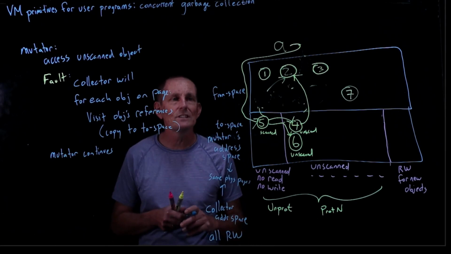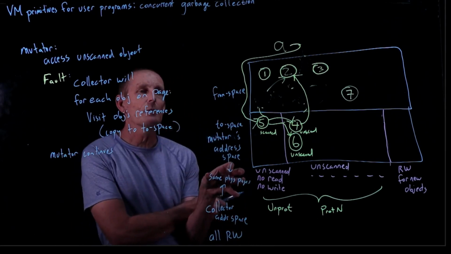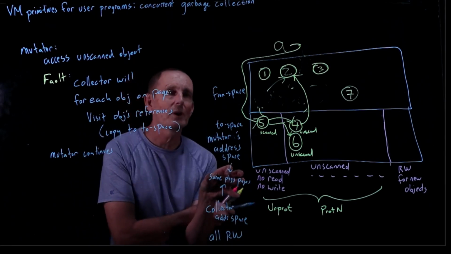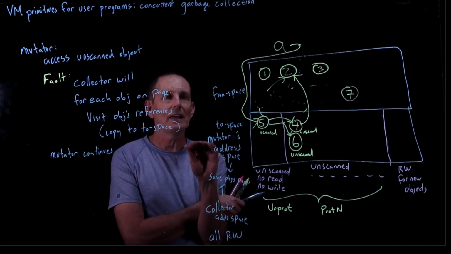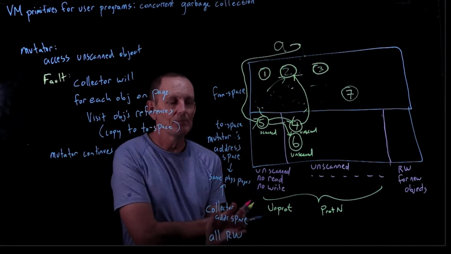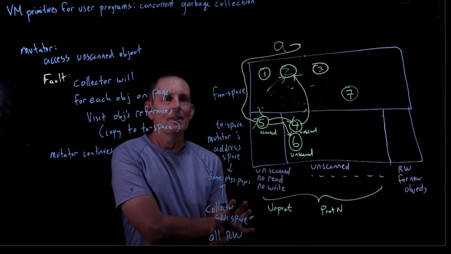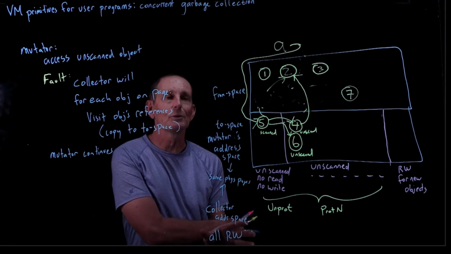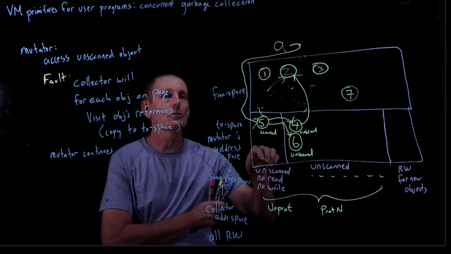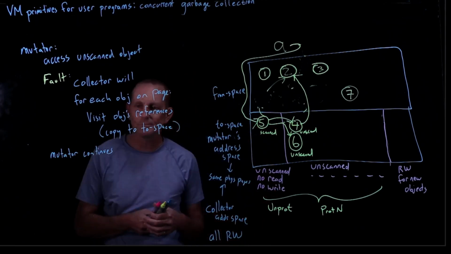These refer to the same physical pages. So you get the same physical pages that can be seen from one part of the address space as possibly read-write or not read-write. And that is the address space the mutator uses. And then there's a second address space that refers to the same physical pages that is all read-write. So this is what the collector is using. So it can easily go through and read the objects on here.